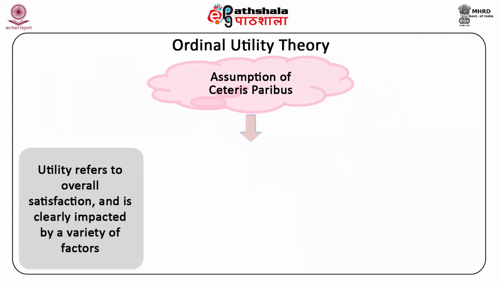The term utility refers to overall satisfaction, and this measure is clearly impacted by a variety of factors. A person's utility is influenced not only by his or her consumption of physical goods, but also by the psychological attitudes, peer group pressures, personal experiences, and the socio-economic and cultural environment.